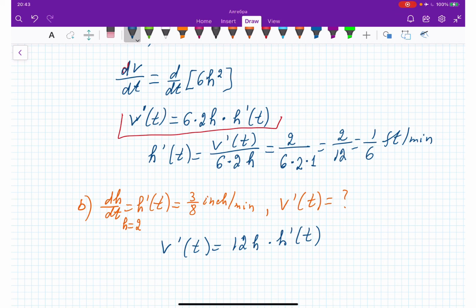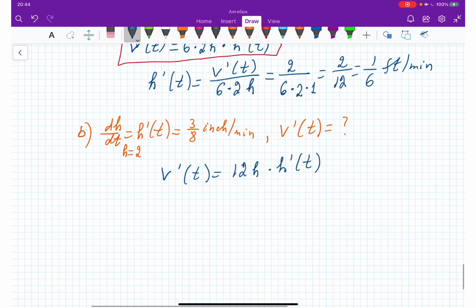Because the 12 is also in feet. 12 is feet. 3/8 is inch per minute. So either we have to convert feet into inches or inches into feet, since the entire word problem is about feet. So it makes sense to convert inches into feet. Okay, so let's convert.